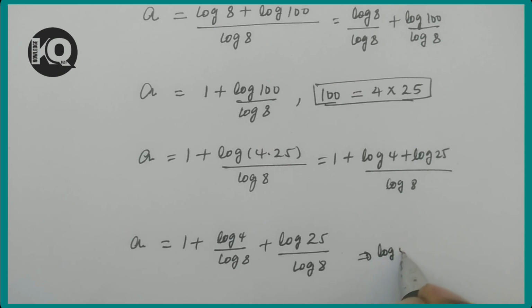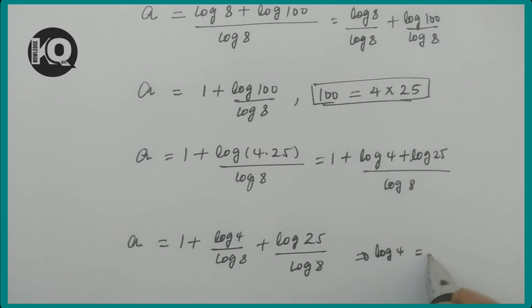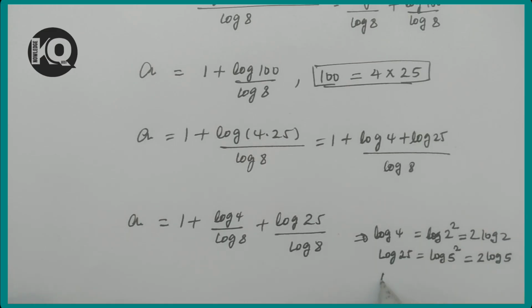Log 4 can be written as log of 2 squared, which is equivalent to 2 times log 2, and log 25 can be written as log of 5 to the power of 2, which is equivalent to 2 times log of 5, and log of 8 can be written as log of 2 to the power of 3, which is equal to 3 times log of 2.